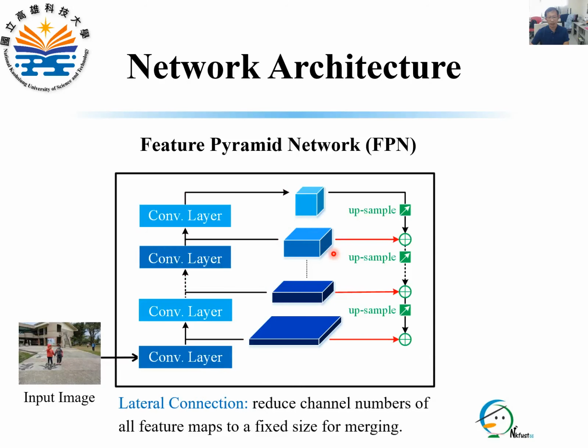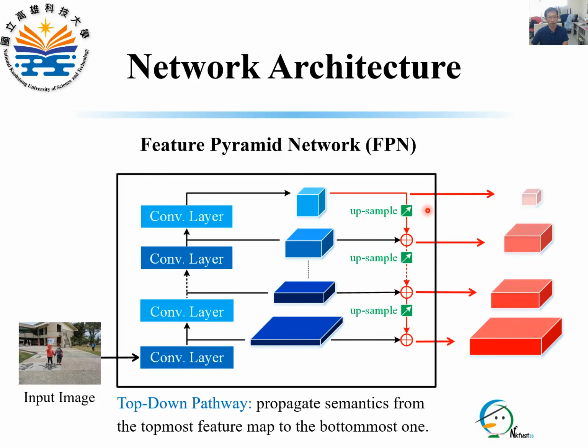After that, the lateral connection reduces the channel numbers of all feature maps to a fixed size for further merging in a top-down pathway. Finally, the top-down pathway produces a feature pyramid by propagating semantics from topmost feature map to bottommost one. Next, we will detail these three components.